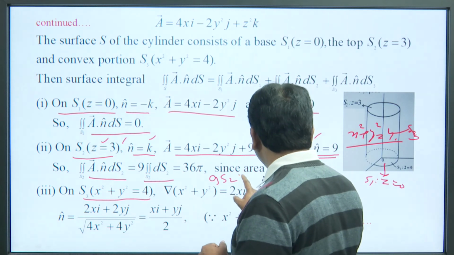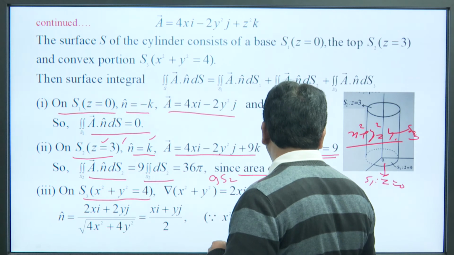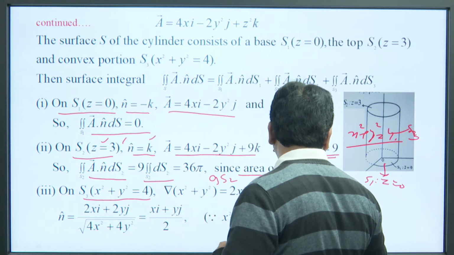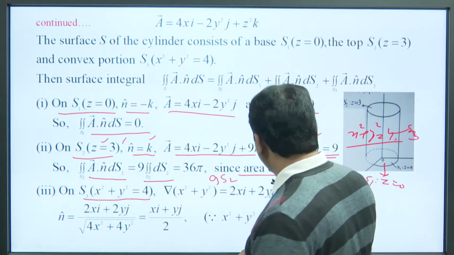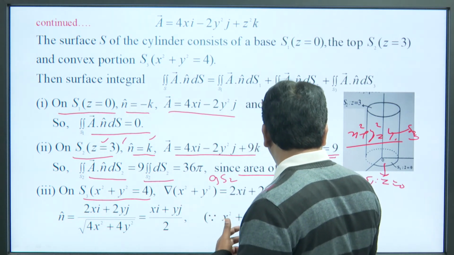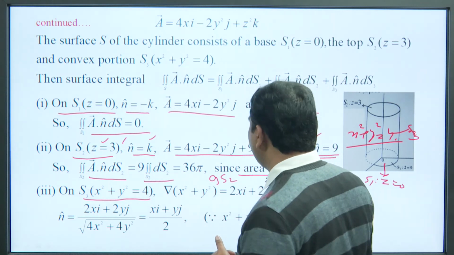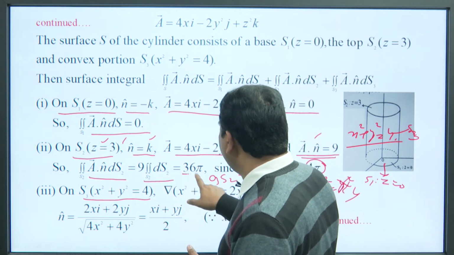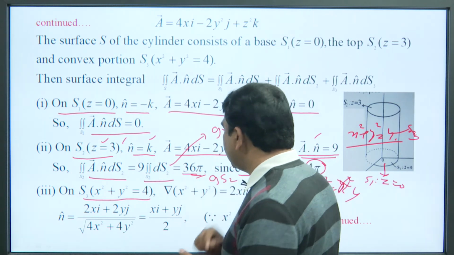S2 is the area of the circle x square plus y square is equal to 4. The area of this is pi r square, that is pi into 2 square, that is 4 pi. So, 9 into 4 pi is equal to 36 pi.